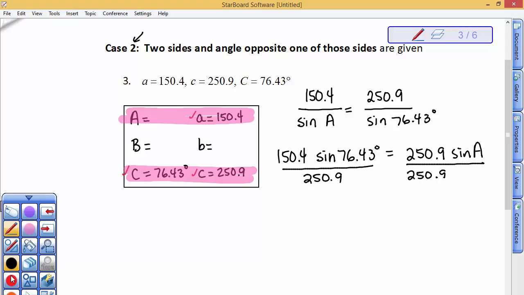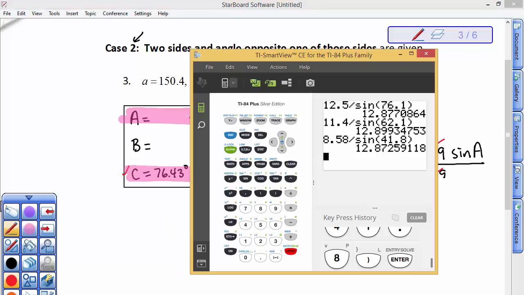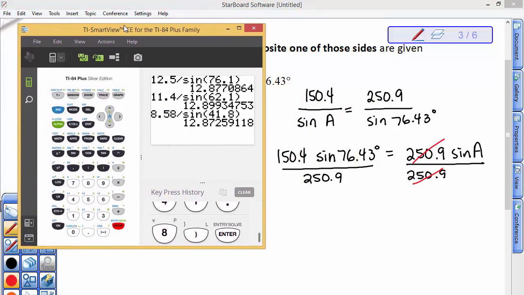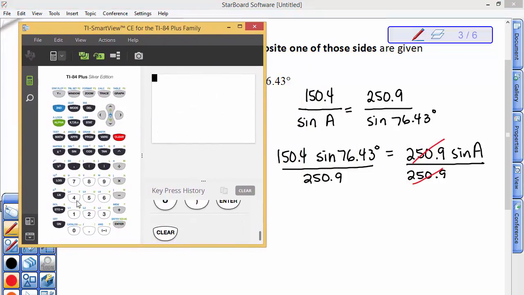In an effort to get angle A, I still take this product and divide by what's opposite my unknown. So I'm going to take my calculator and enter 150.4 times the sine of 76.43, close my parentheses, and divide by 250.9.